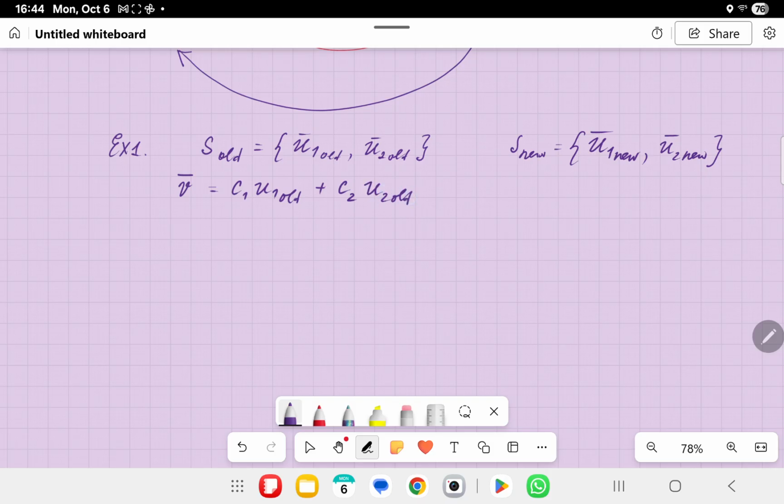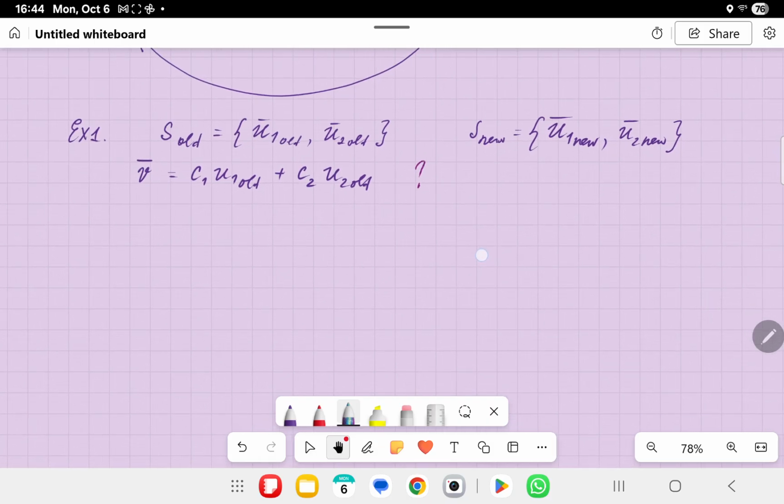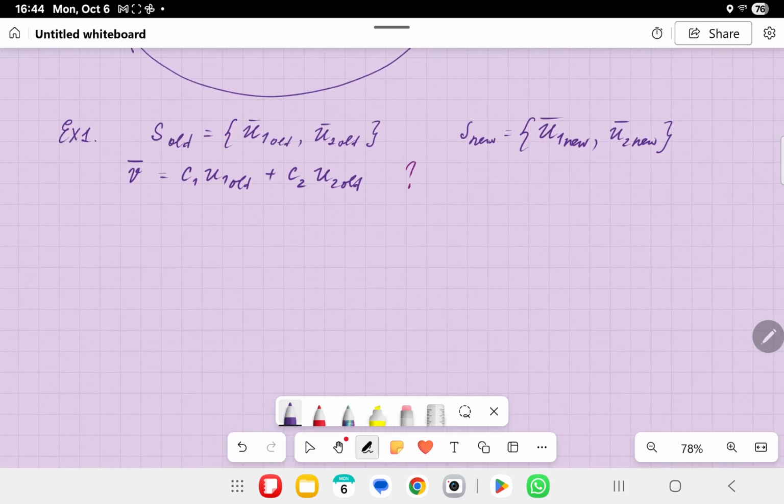The question is, how is v going to look in the new basis? So v equals c1 tilde u1 new plus c2 tilde u2 new. The question is, what is going to be this number and what is going to be this number if we know these ones?